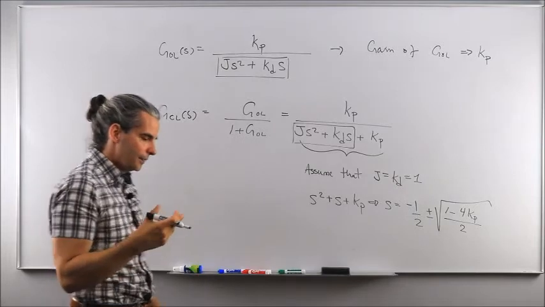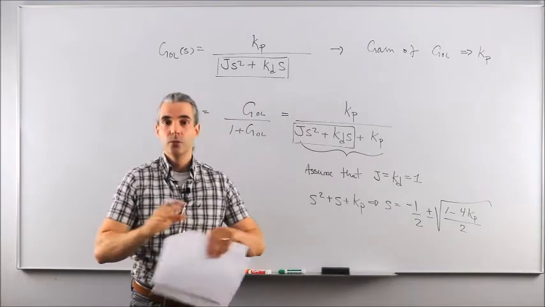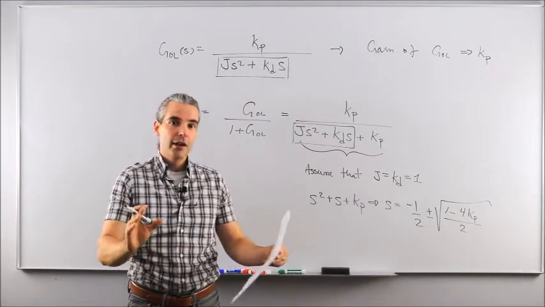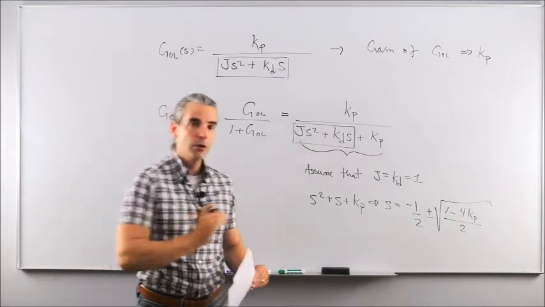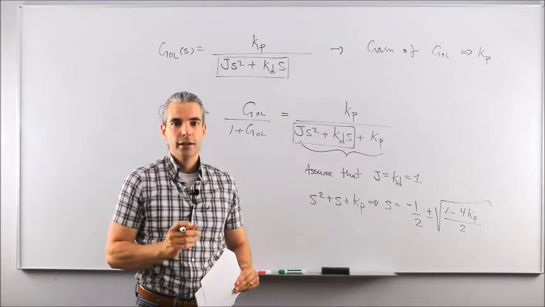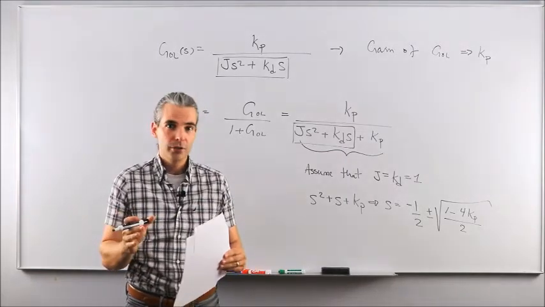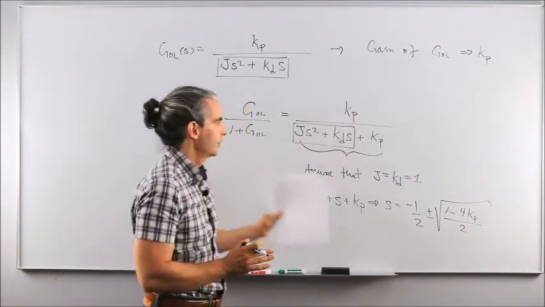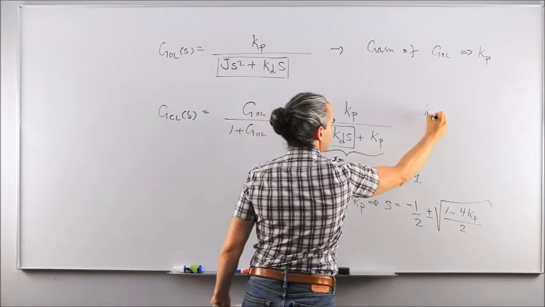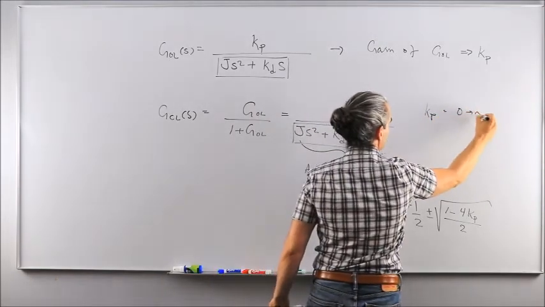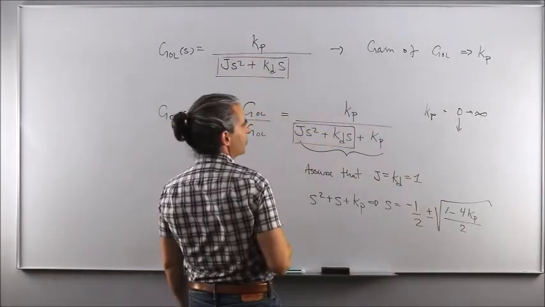And this is where I can say that the root locus is a map of the closed loop poles of the system, starting at the open loop poles, which corresponds to Kp equal to 0, all the way to Kp equal to infinity. So as soon as Kp is larger than 0, the poles are no longer the poles of the open loop transfer function, but become the poles of the closed loop transfer function. Because when you let Kp range between 0 and infinity, the poles you get at this specific value correspond to the poles of the open loop transfer function.